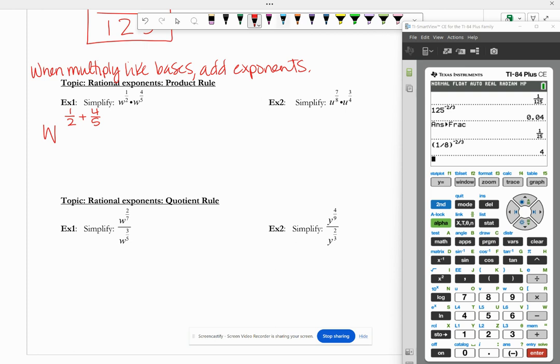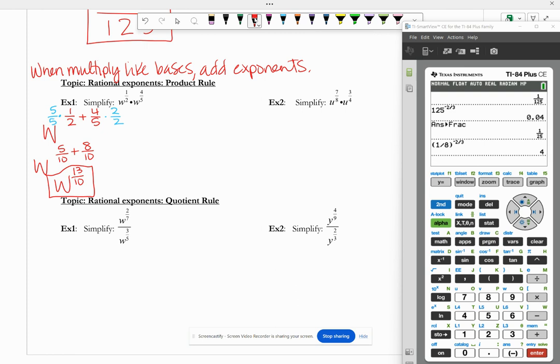Well, I can make common denominators. Think back to our previous unit. The least common denominator would be a 10. So if I multiply this by 5/5 and this by 2/2, I get W to the 5/10 plus 8/10, which is W to the 13/10. And that fraction does not reduce, so I know that I'm good.